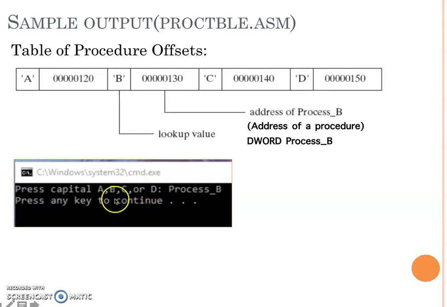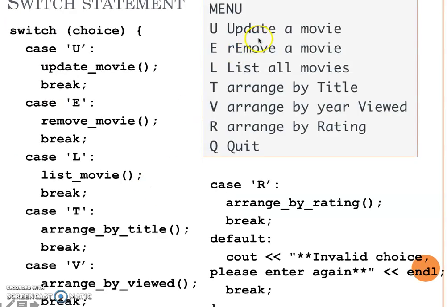The same thing: when the user enters A, we will call procedure A. Remember, when we do it in C++, here is your menu, right? After the user enters a choice, in your switch statement you find the matching one and just call a function.